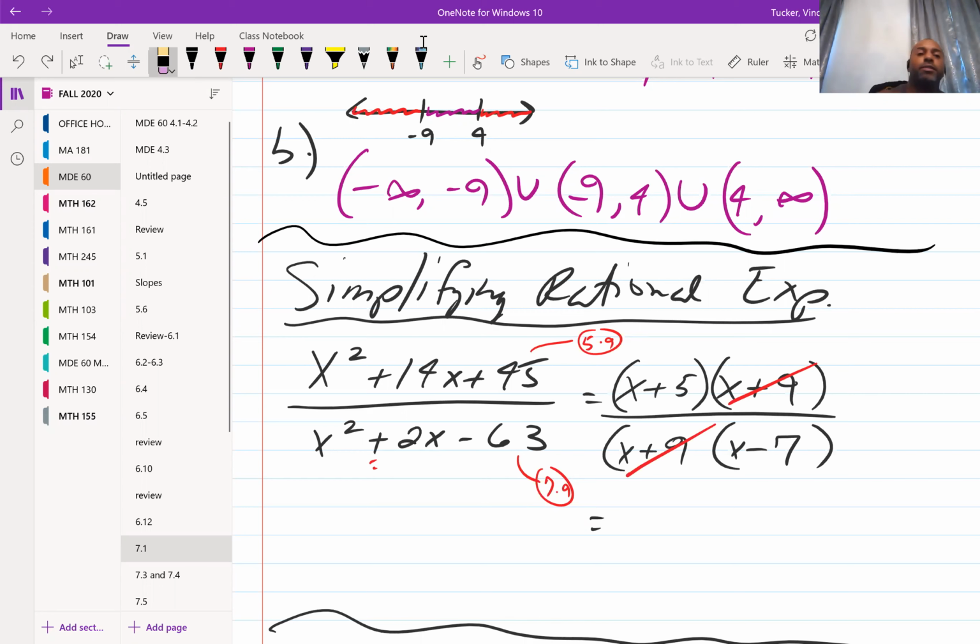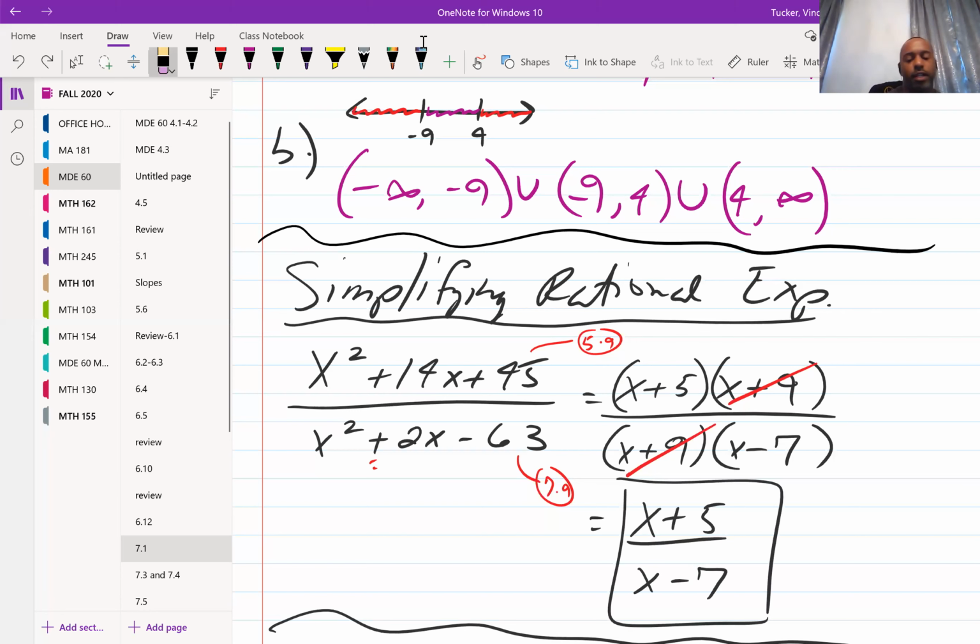So if I were to factor these two out, I would have x plus 5 times x plus 9 over x plus 9 times x minus 7. Now we recognize that x plus 9 is what they have in common, so we cancel those out, and you're left with x plus 5 over x minus 7.